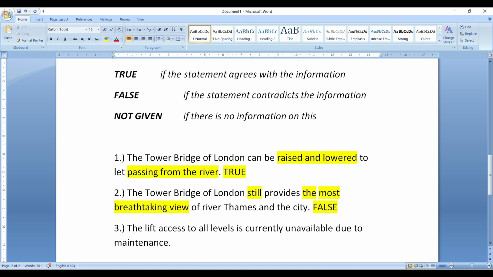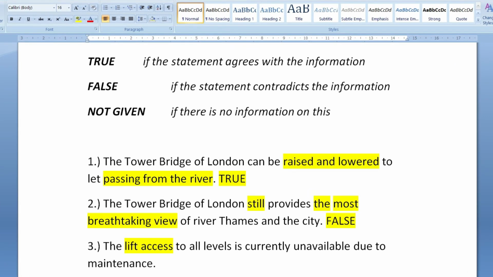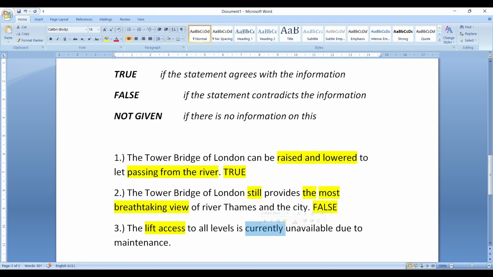And let's move on to the third statement. I will underline those here. The lift access, obviously, we have to know what we're looking for. Lift access to all levels is currently, pay attention to this word. It could be, for instance, true for 2 months ago, what the statement says. It could be true 2 months ago, but not still in the present, not currently.